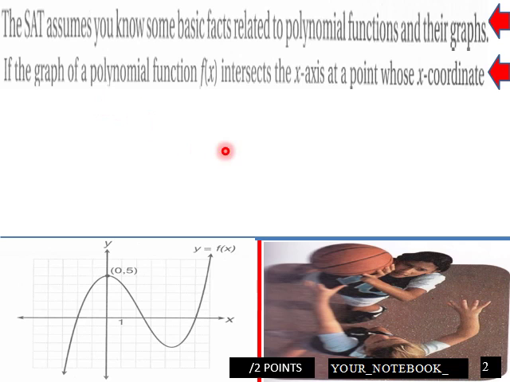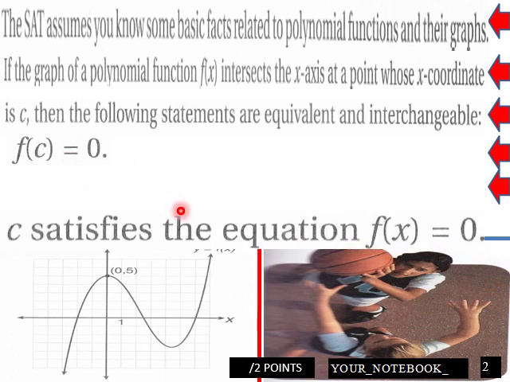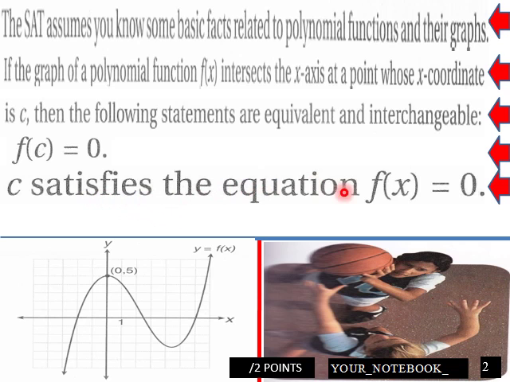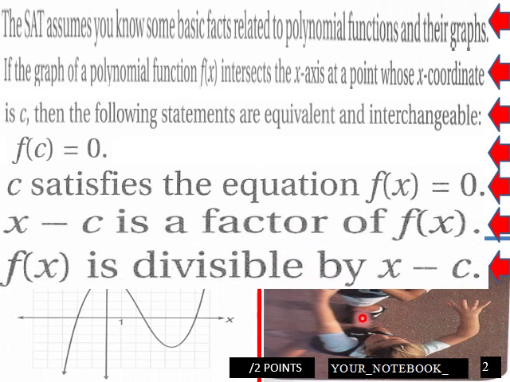If the graph of a polynomial function intersects the x-axis at a point whose x-coordinate is c, for example, down here, here, or here, then the following statements are equivalent and interchangeable. f of c equals 0. c satisfies the equation f of x equals 0. x minus c is a factor of f of x. f of x is divisible by x minus c. So all these statements here could pertain to this graph.